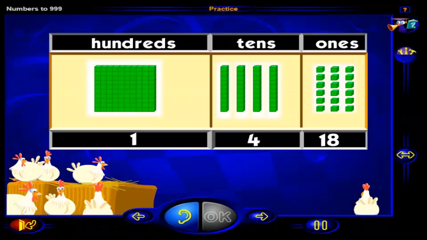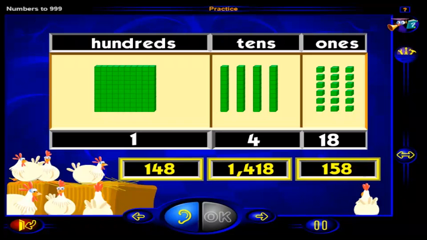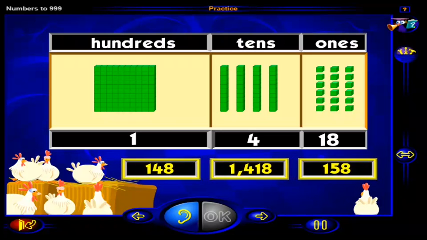These blocks show the number of chickens a farmer has. How many chickens are there altogether? Click on the number, and when you're done, click OK.